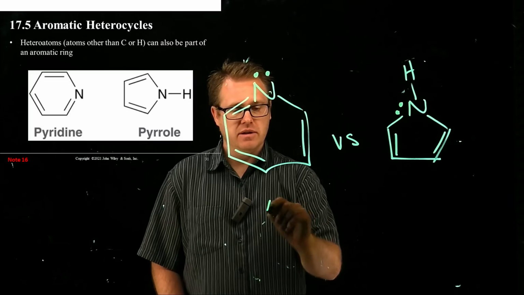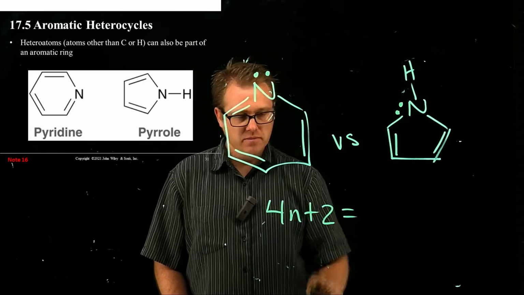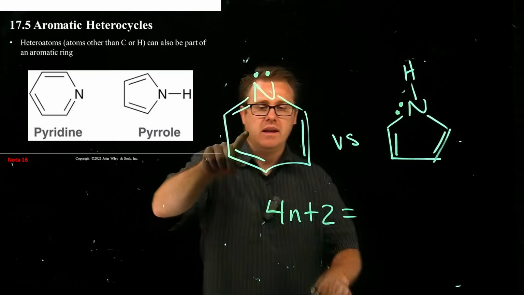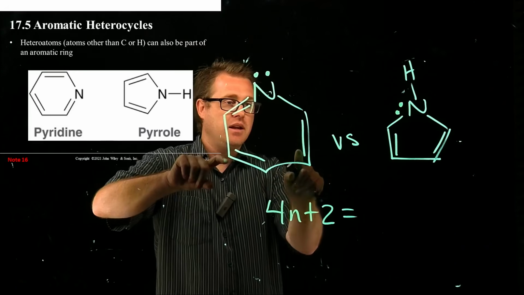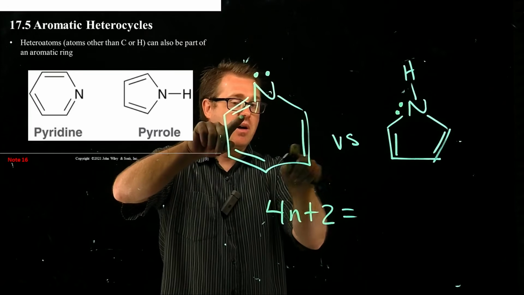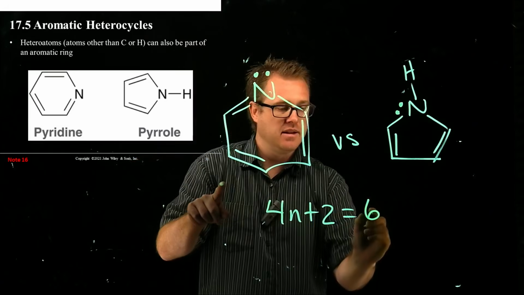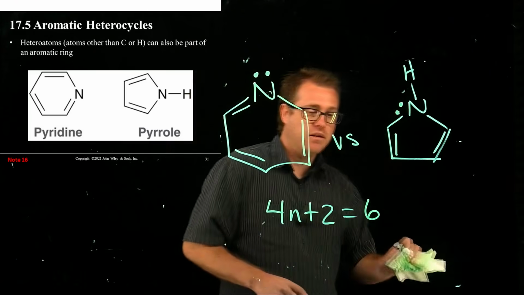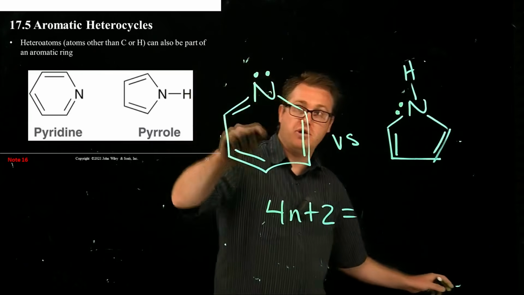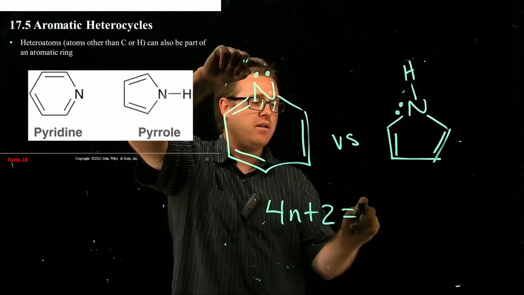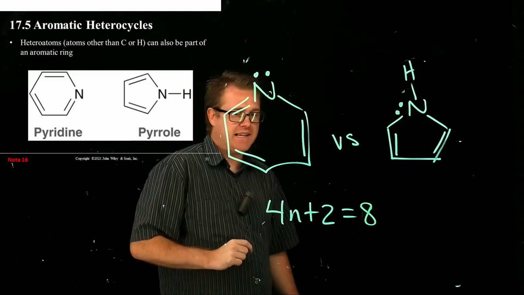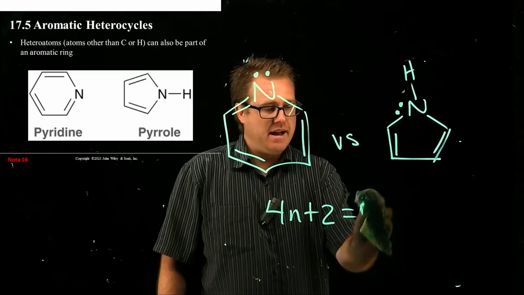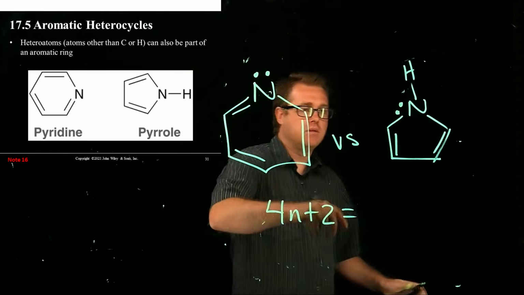If we use the 4n plus 2 rule, in pyridine, if I only count the pi electrons in the double bonds, so 2, 4, 6, that's going to give me an aromatic compound. But if I choose to count the lone pair on the nitrogen as well, it now becomes anti-aromatic. Let's do that same analysis with pyrrole.